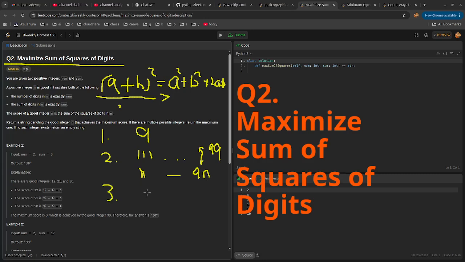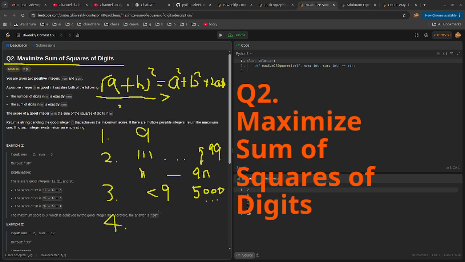Imagine this case: if the sum is less than 9, then we can just use the sum as the only digit, say 5. Then we can do a 5 with the rest, maybe a few 0s or not.